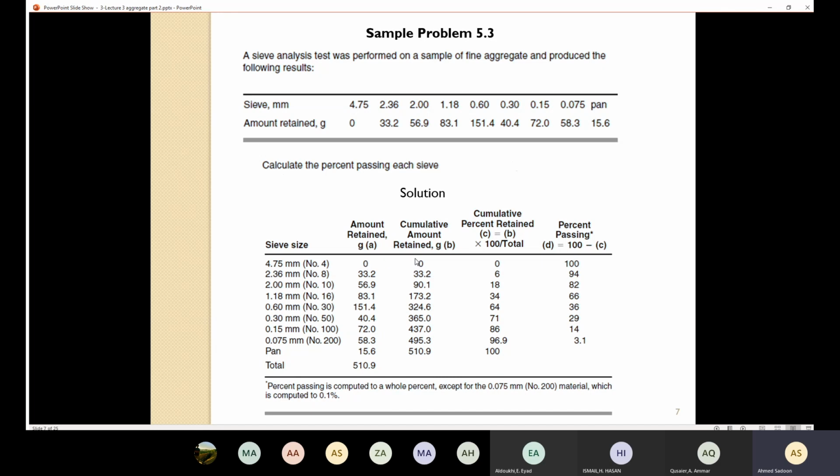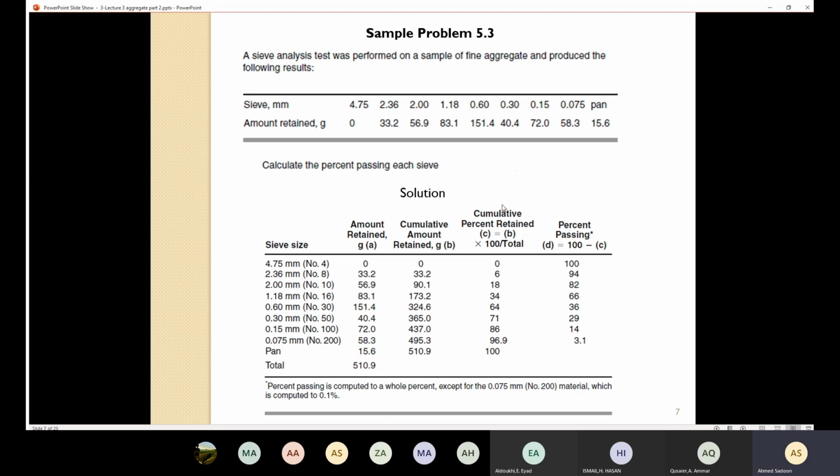If this one is 0, this one is going to be 0. The value here is going to be this value plus that value, so 0 plus 33.2. And this value here is going to be 0 plus 33.2 plus 56.9, and so on until I finish. So the last number is going to be the total amount of the fine aggregate.